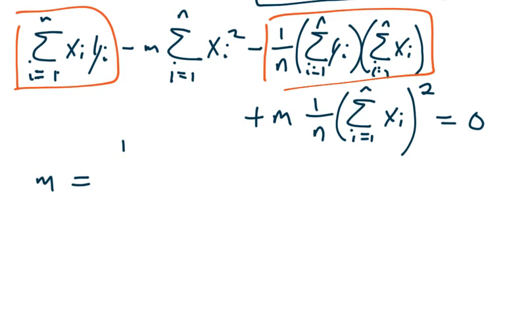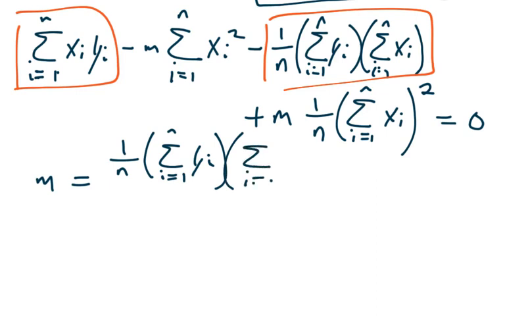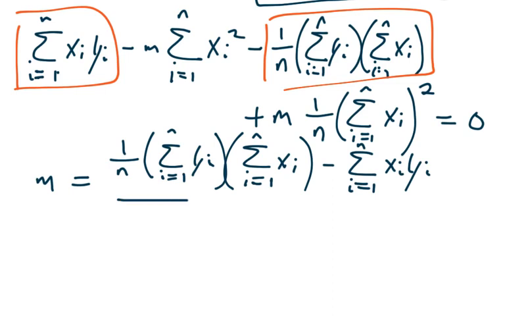So this is going to be 1 over n, sum from i equals 1 to n of yi times the sum from 1 to n of xi, and then we're going to have minus the sum of xi yi, and our denominator is going to be all the stuff that was attached to m just a second ago.